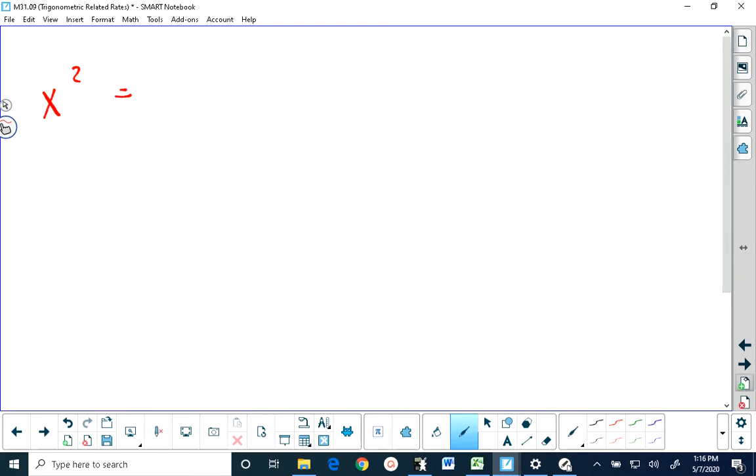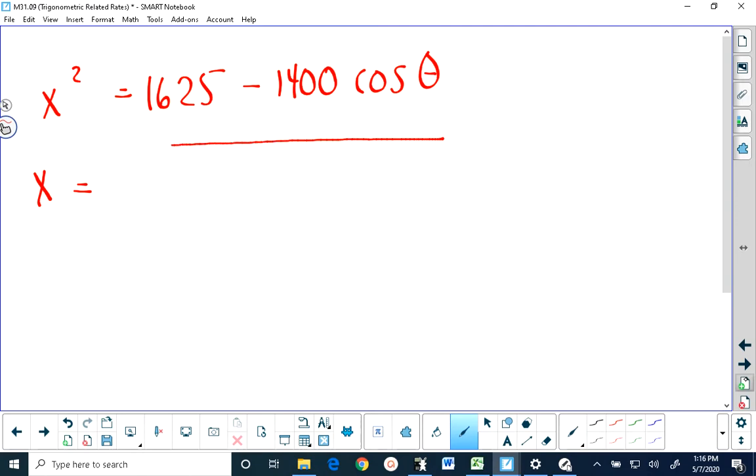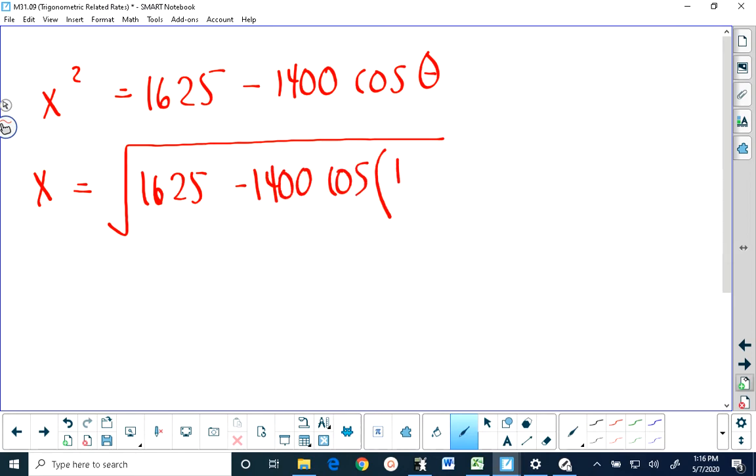X squared is equal to 1625 minus 1400 cosine theta, which means x is going to be the square root of 1625 minus 1400 times cosine of pi over 6.